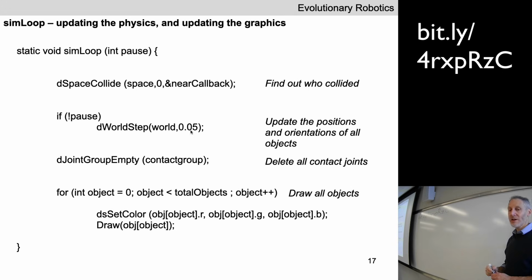Yeah? Okay. If you have n equals 1,000 objects in your scene, it might take your little laptop a very long time to finish with this call. It might take your laptop more than 0.05 seconds to actually compute this.